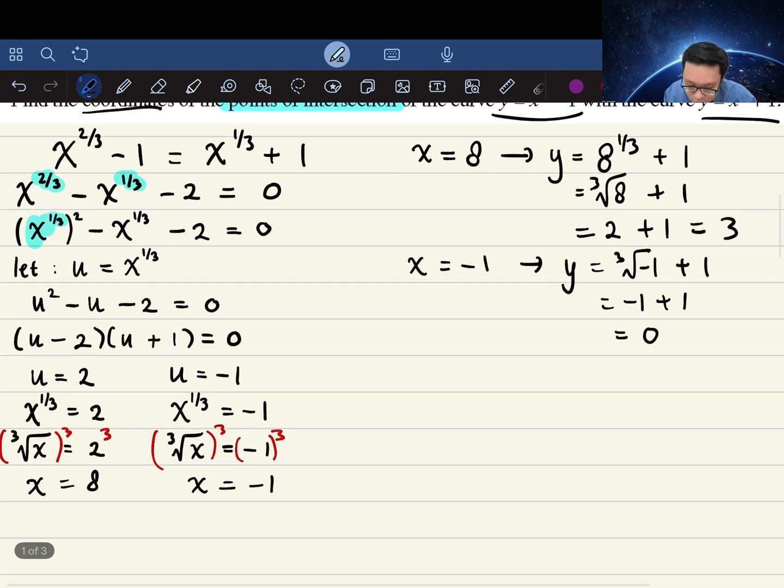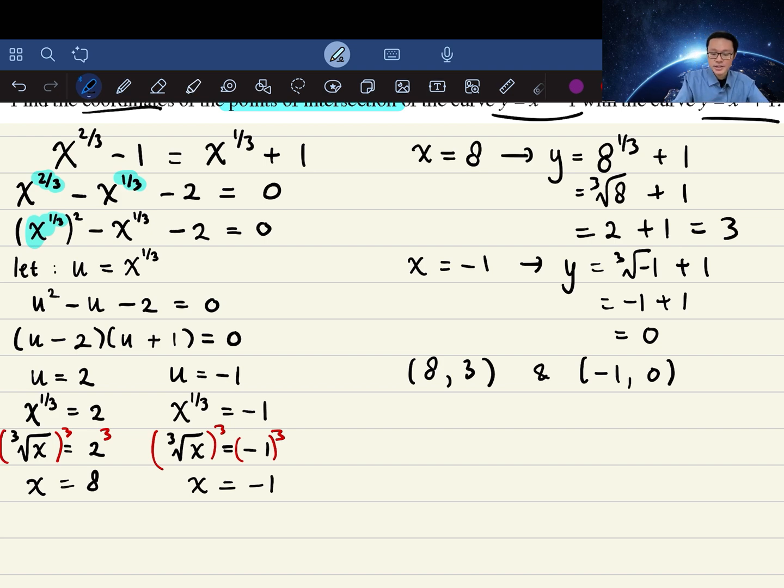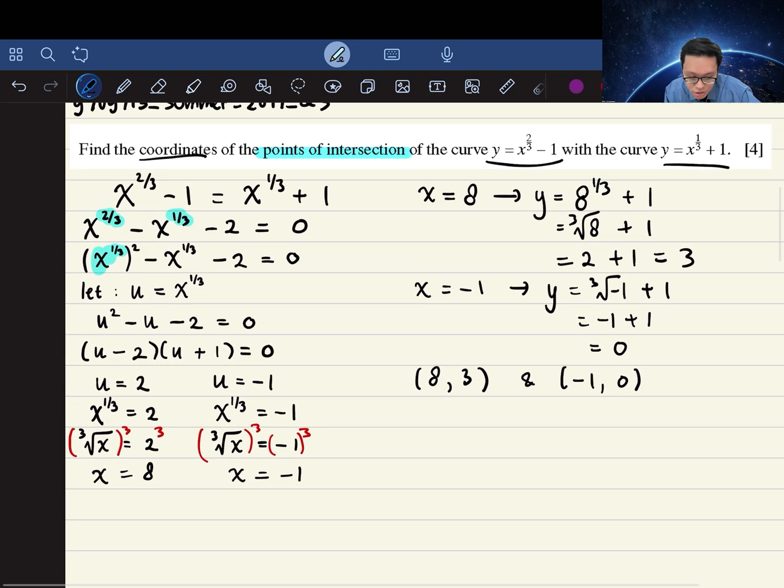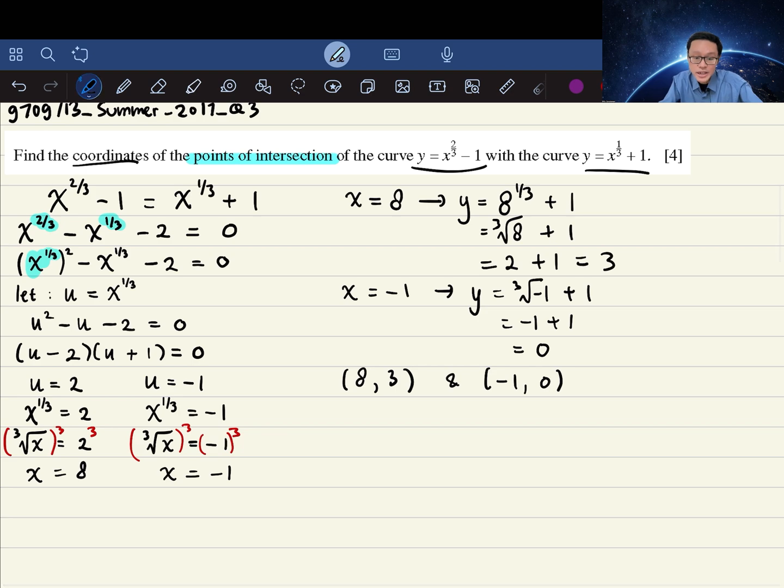So now we have the coordinates. The first one is (8, 3) and the second one is (minus 1, 0), guys. So that's how we solve the simultaneous equation to find the point of intersection.